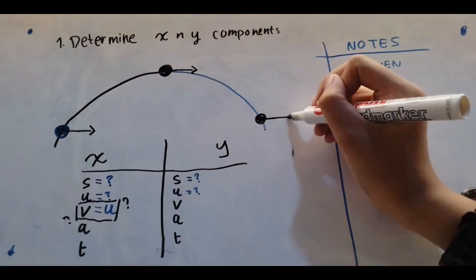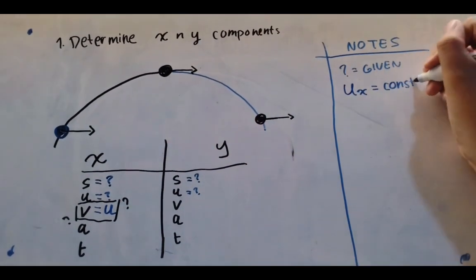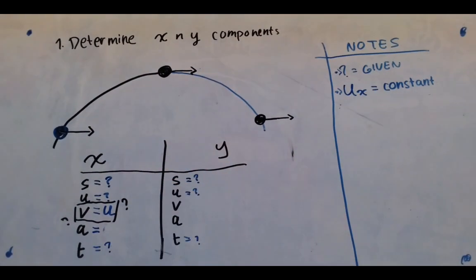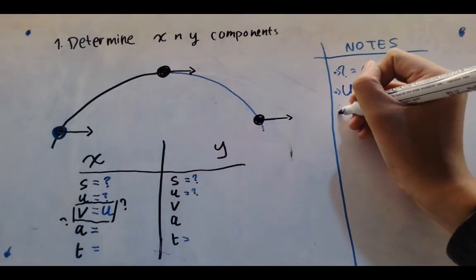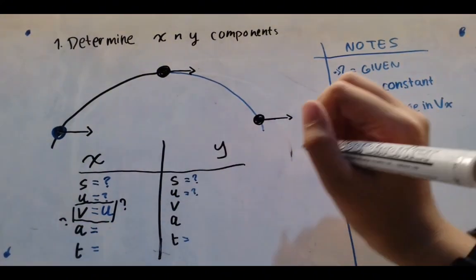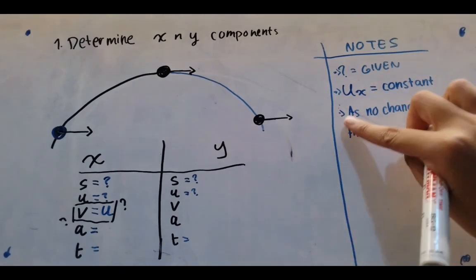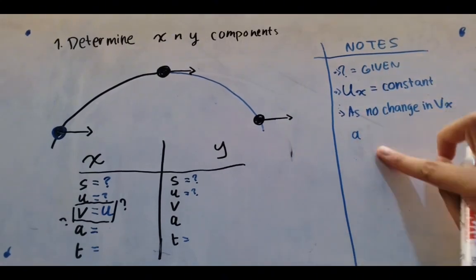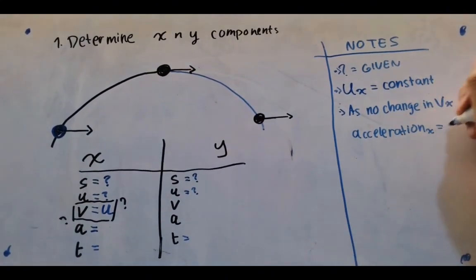So, it will be constant. The initial and final will be the same. Now, as there is no change in the velocity in the x component, that means the acceleration in the x component will also be 0.